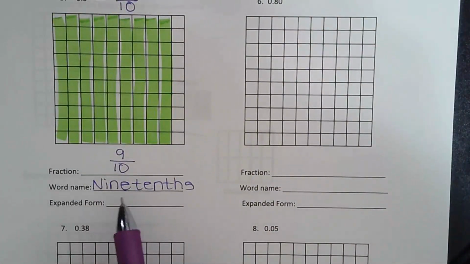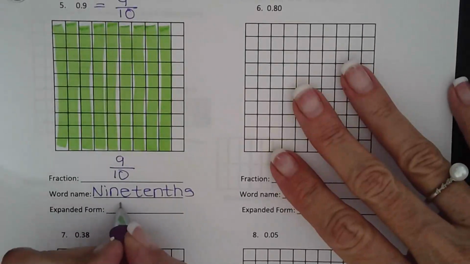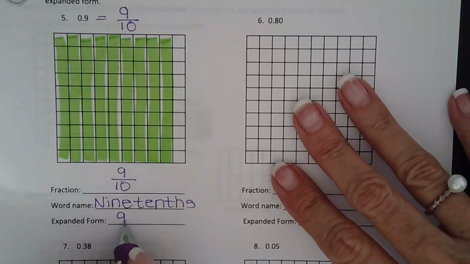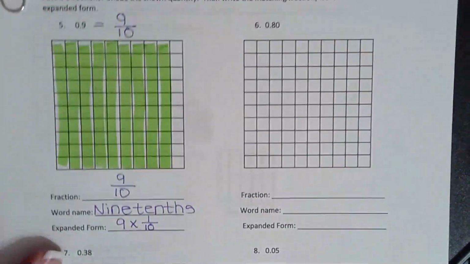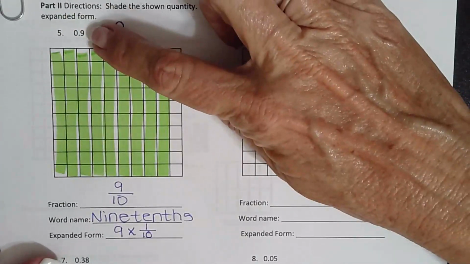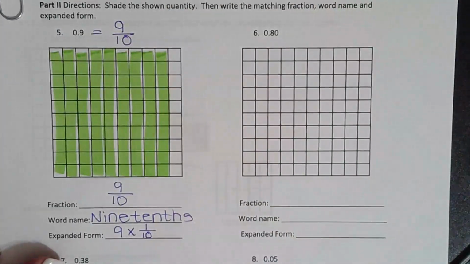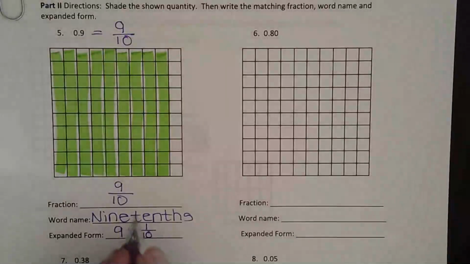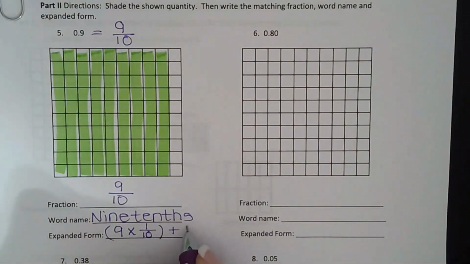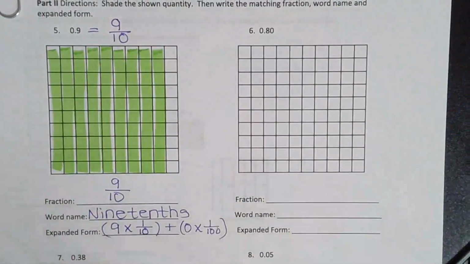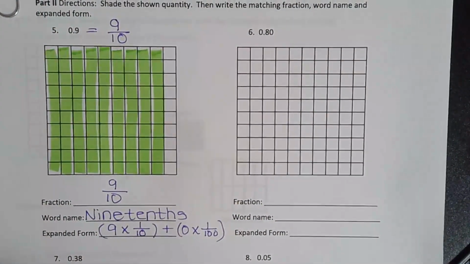Now we do have fractions, so 9 is in the tenths place, so 9 times 1/10, because it's in the tenths place, the first place after the decimal. And we know that because of the fraction name. So 9 times 1/10. You could also write plus 0 times 1 over 100 if you wanted, but no need to, because there's not a 0 in the problem. But it would never be counted wrong.